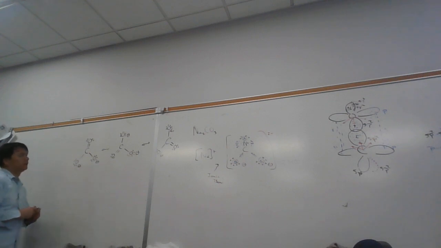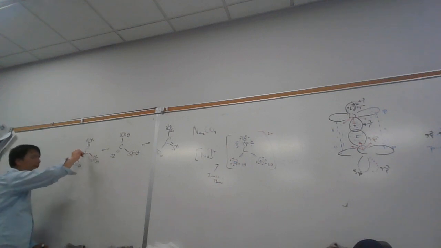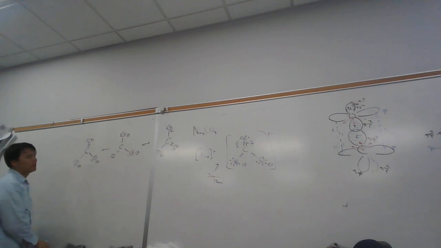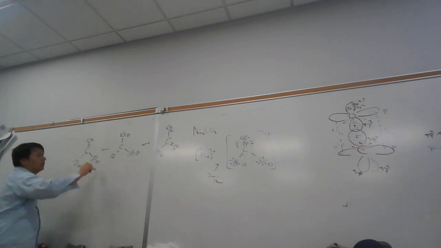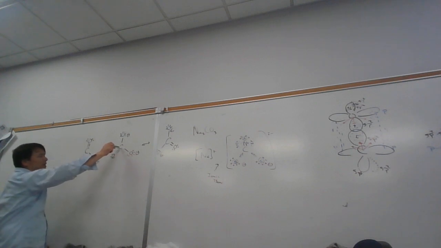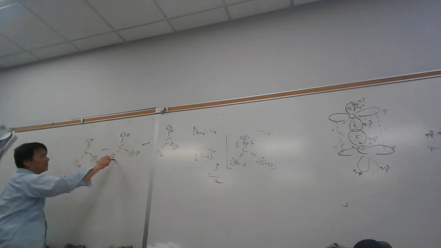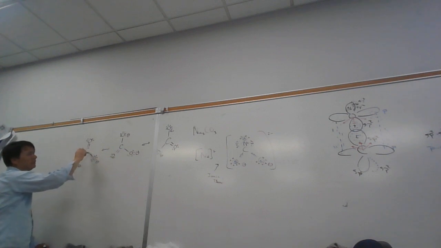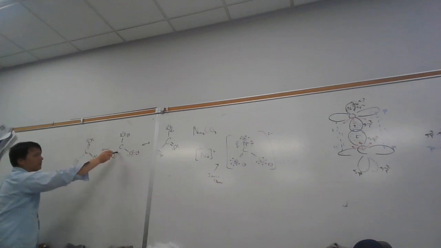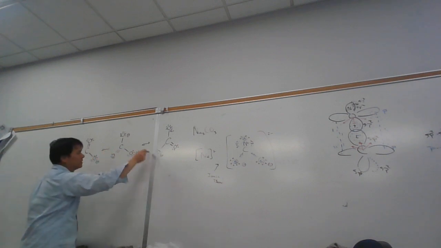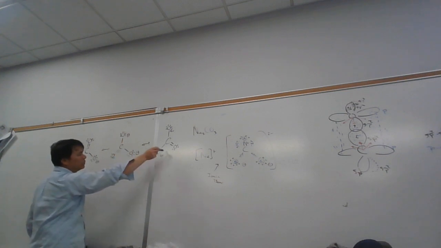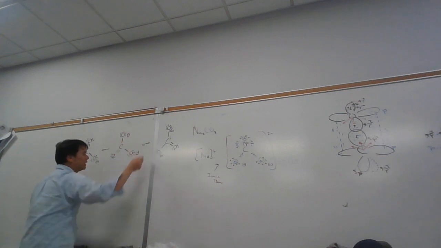And while it's true, these are all related by what we call a threefold rotation axis. If I rotate this 120 degrees, then I get the other version here. So if I take this one, rotate it counterclockwise 120, it overlaps with this one. The same thing, take this one, rotate it 120, and then rotate it 120 again.